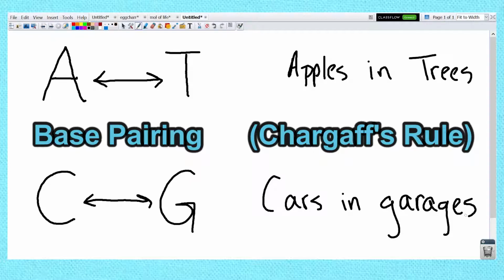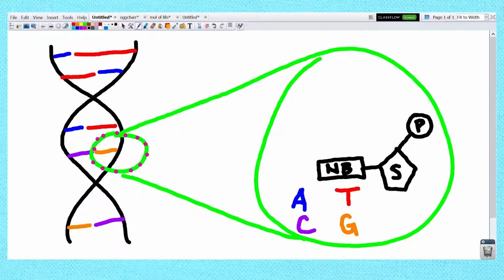Apples and trees, cars and garages. This is the easiest way to remember it. You're probably not going to think that a car goes in a tree or an apple in a garage. So if you ever forget what bonds, apples and trees, cars and garages. This is called base pairing or Chargaff's rule. He basically said that only these specific nitrogen bases can bond to each other. And again, it's not about colors, it's not magnetism, it's more of chemicals bonding together.